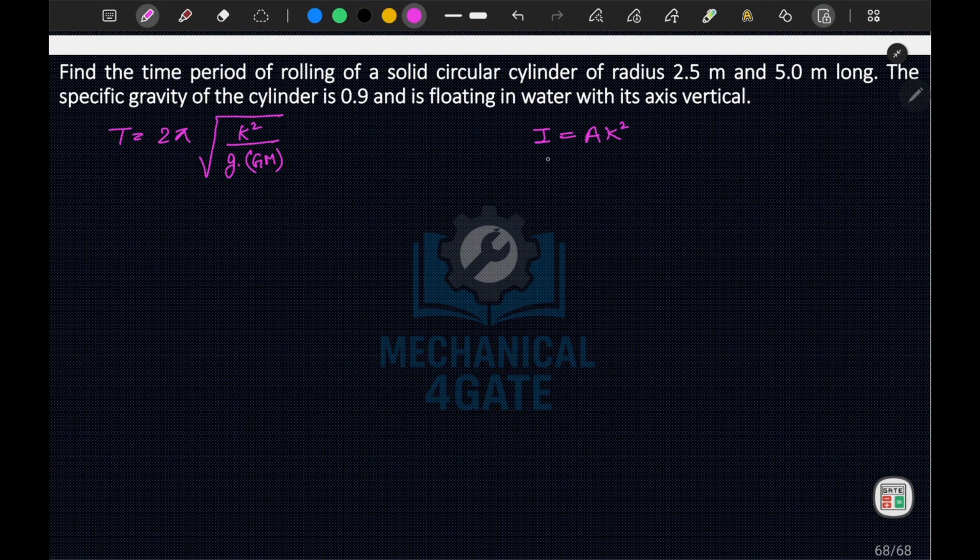The moment of inertia for a circle is pi by 64 d to the power 4, which equals A, that is pi by 4 d square, times k square.